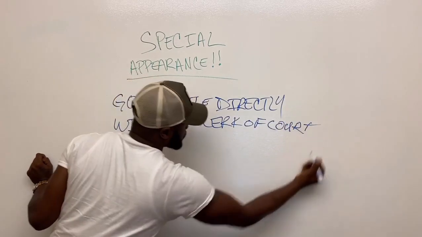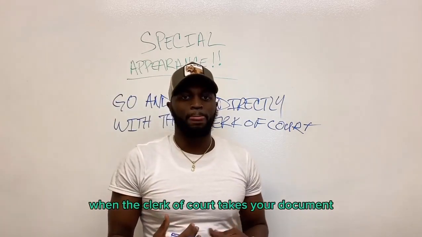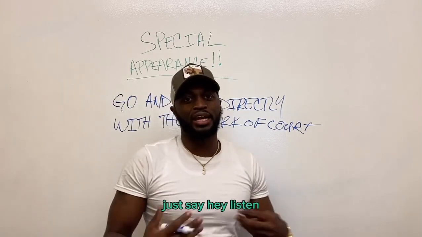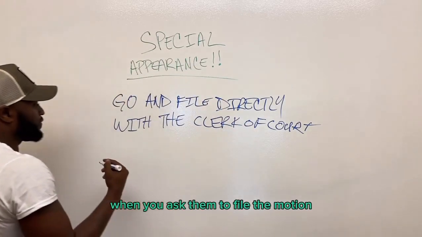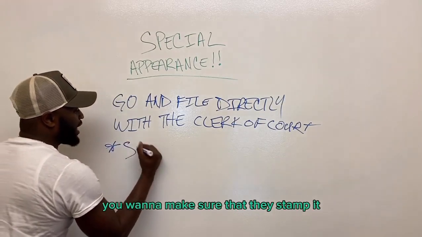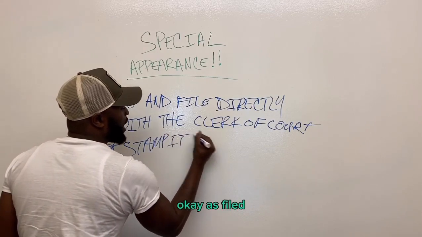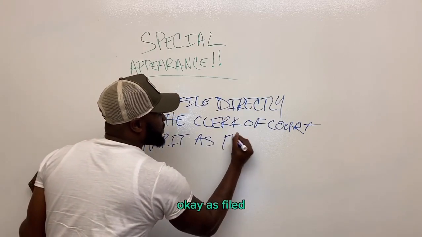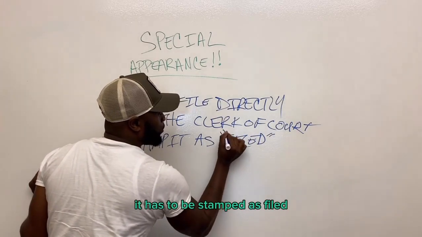Now, when the clerk of court takes your document, you don't have to do a bunch of talking. You just say, hey, listen, I have a court date coming up and I want to file this motion. When you ask them to file the motion, you want to make sure that they stamp it as filed.